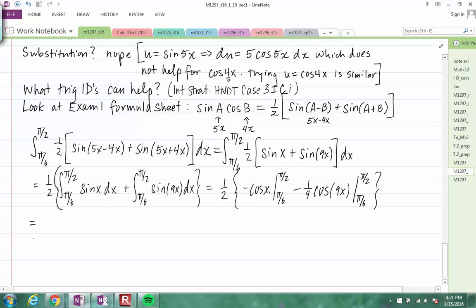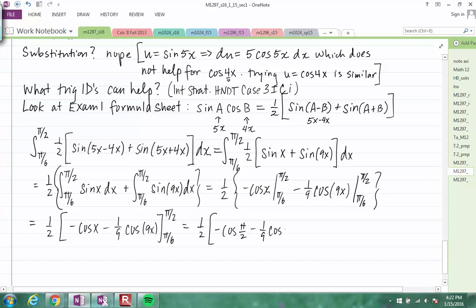Alrighty, I'm going to put all this together, and I'm going to try keeping my half out this time, see how that goes. And we have negative cosine x minus 1/9 cosine of 9x, and then we gotta plug stuff in. So, we're getting there, just all this detail work to do. Negative cosine of pi over 2 minus 1/9 cosine of 9 pi over 2.